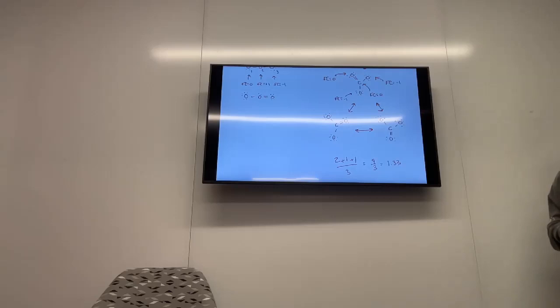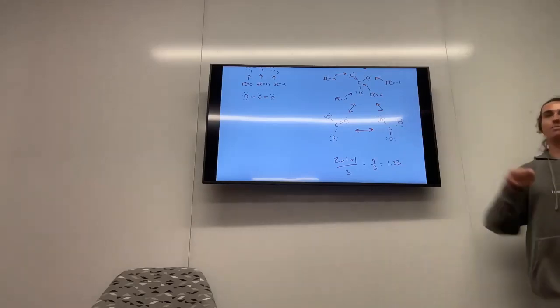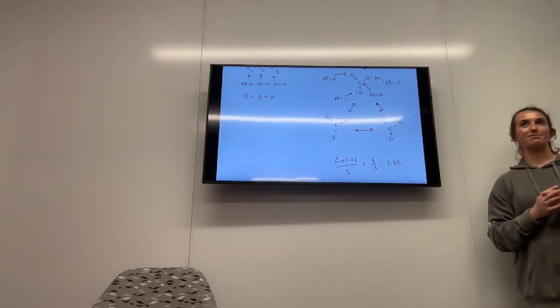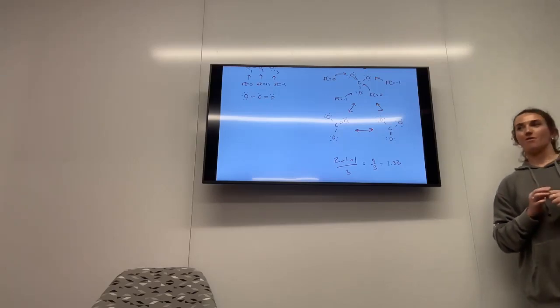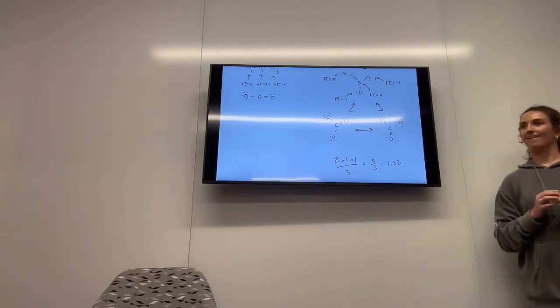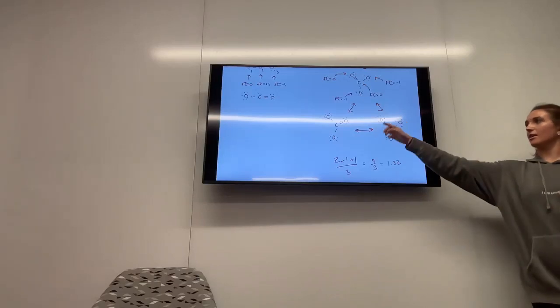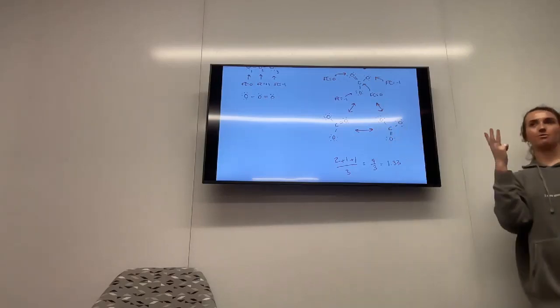Any other questions? Do you feel a little bit more comfortable with resonance structures, formal charge, Lewis structures? Okay. Can anyone tell me what shape that would be? Electron domain geometry. How many electron domains do we have? We have 3.